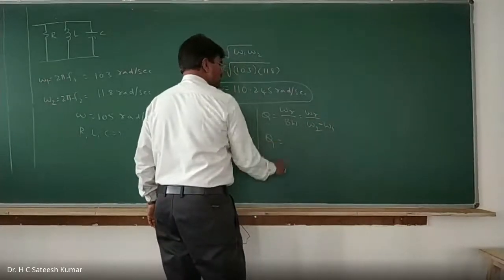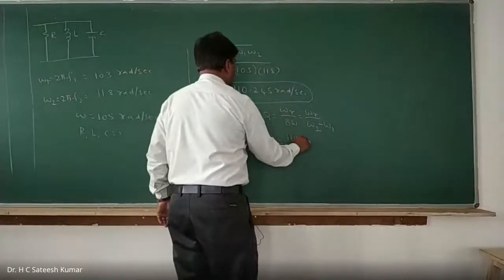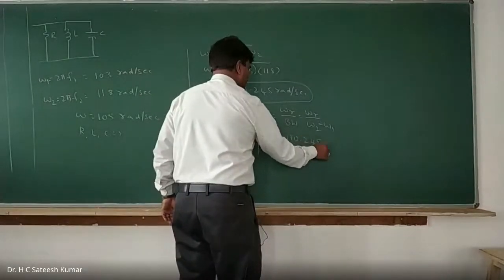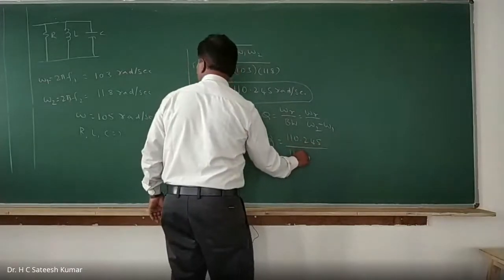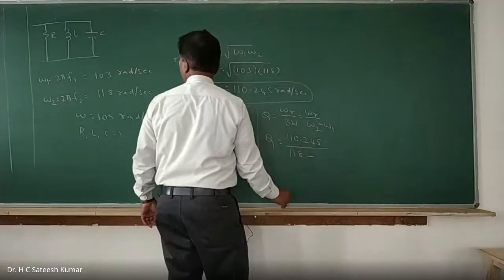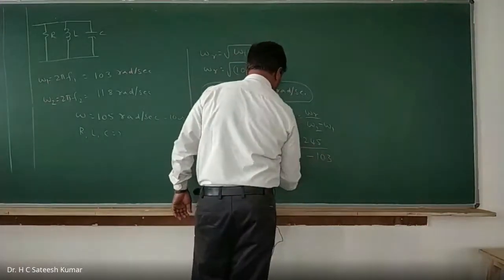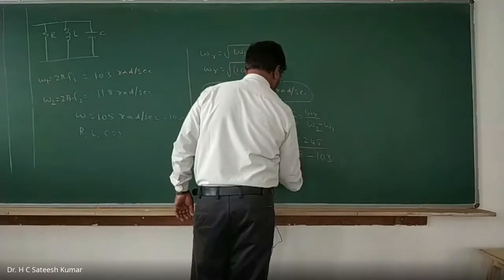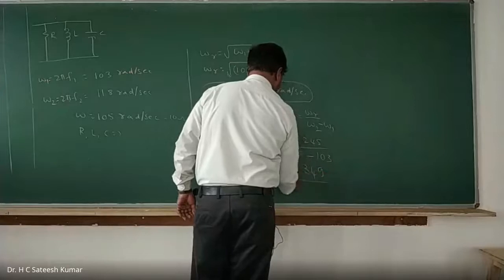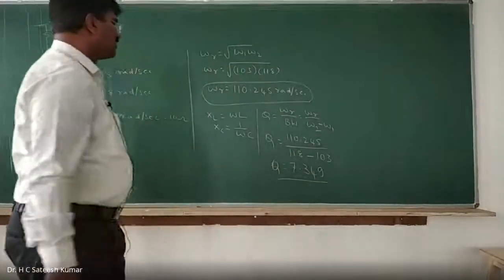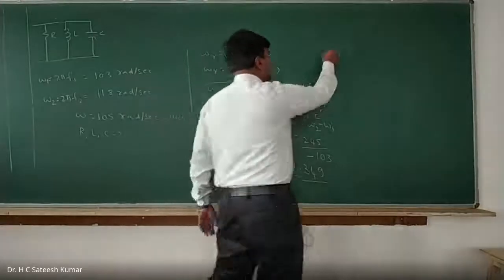Therefore, Q is equal to 110.245 divided by omega 2, which is 118, minus omega 1, which is 103. How much is this? 7.349 is Q.